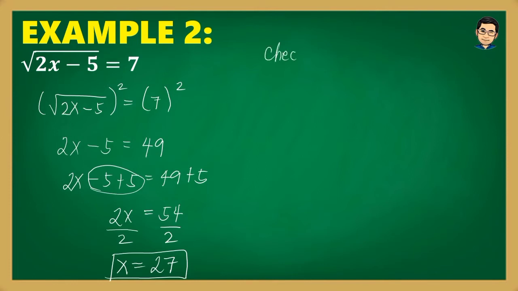x is equal to 27. The square root of 2x minus 5 equals 7.